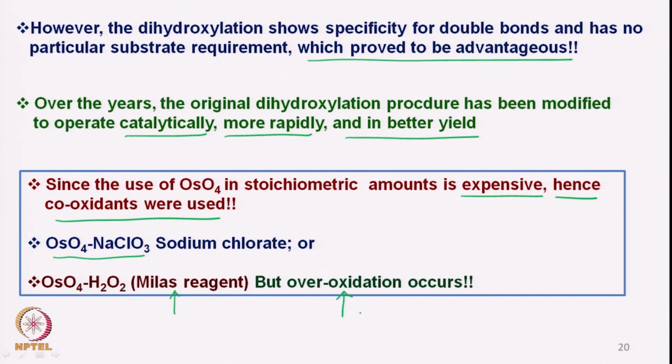But then there have been many other modifications reported in the literature, and eventually osmium tetroxide was made to be used in a catalytic fashion, and we will discuss the remaining part of the osmium tetroxide based dihydroxylation in the next class.